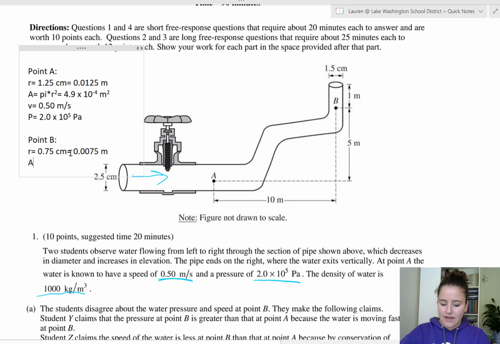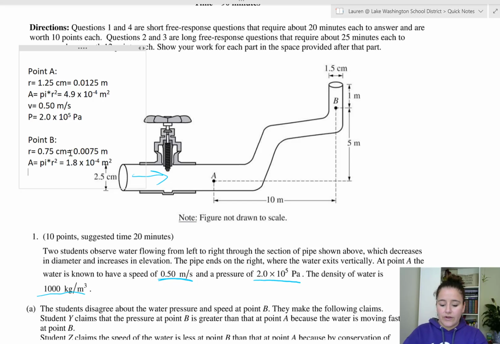We can then calculate the area. Pi times r squared. So when you plug that into your calculator, you get 1.76, so I'm going to say 1.8 times 10 to the negative 4th meters squared.